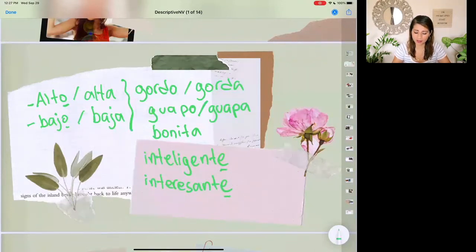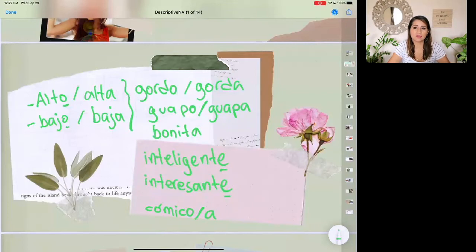The word for funny is cómico or cómica, depending if it's a male or female. And all of these words, if we're using them to describe more than one person, we're going to have to add an S at the end, because we pluralize the adjective. In English, we don't do that.